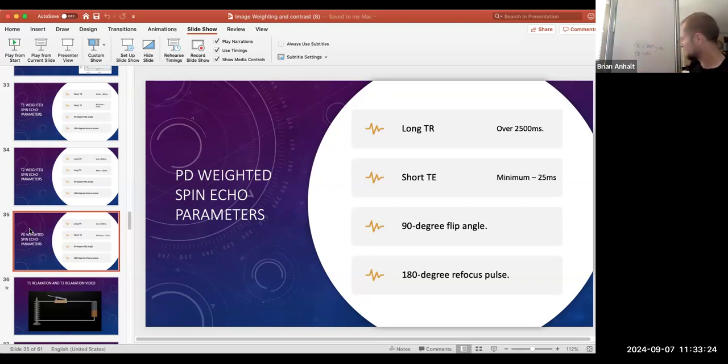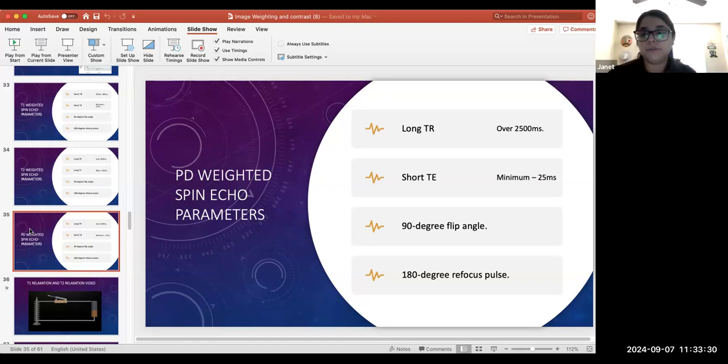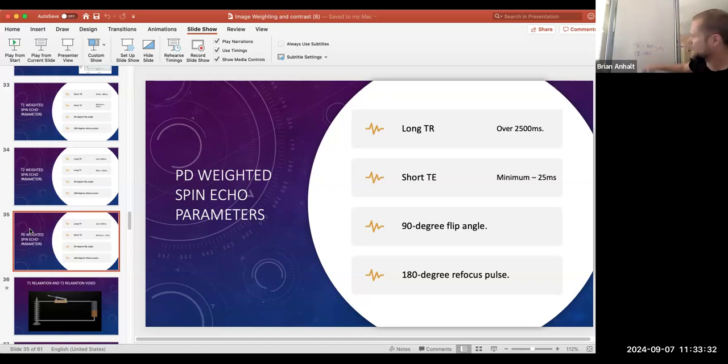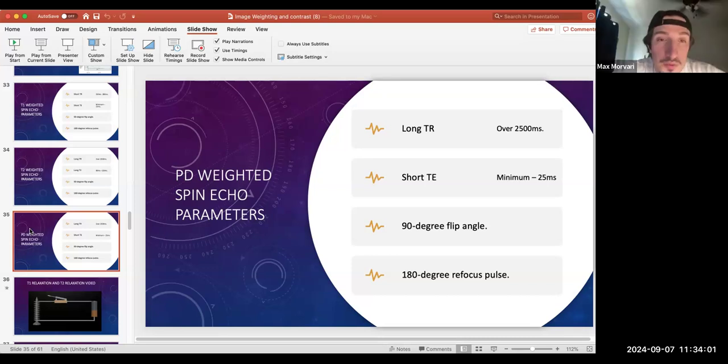What do I got now? Now it's T2, right? Eliminated T1 information. Maximize T2 information. What do I got now? Is there just no contrast?